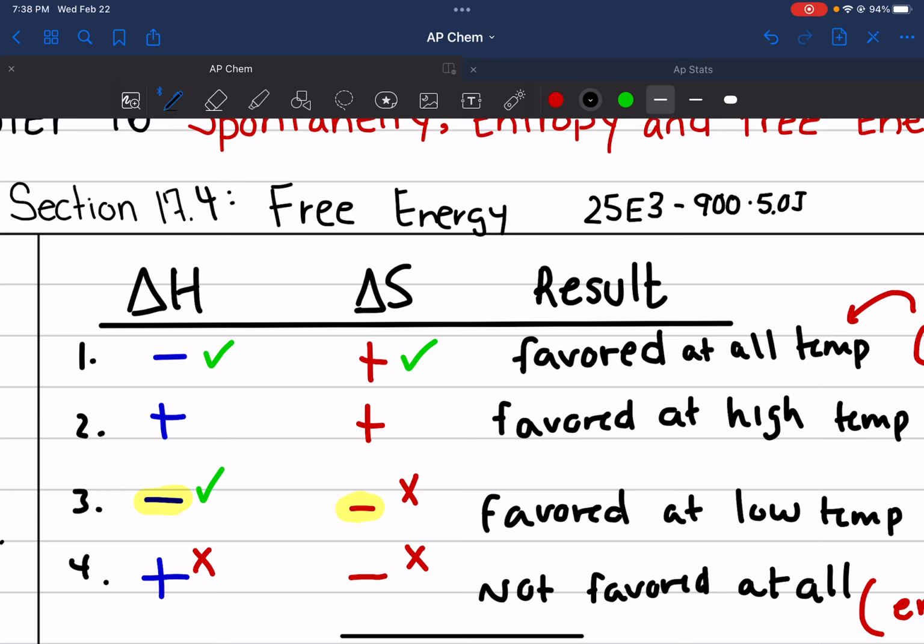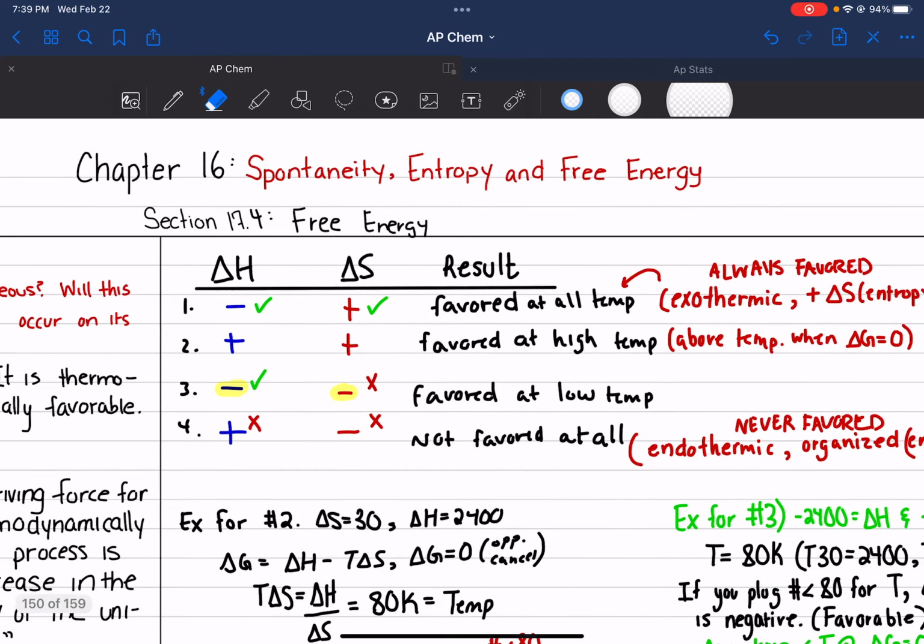So 900 times 5, okay. 900, I didn't mean to say 900, I meant to say 9,000. You guys can tell I'm going on a stretch here, but I'm just trying to show an idea. So 9,000 times 5, I just think of it as 45 and add the zeros. So 45,000. 25,000 minus 45,000 is negative 20,000, which is negative, and it is spontaneous. So that's the idea you want to see.